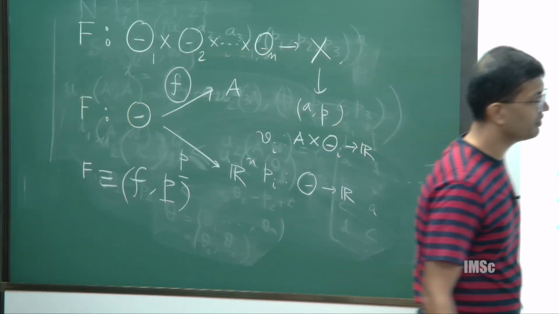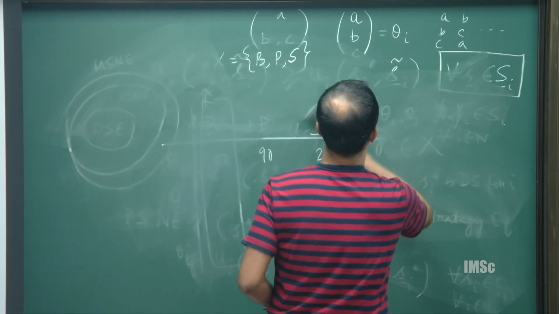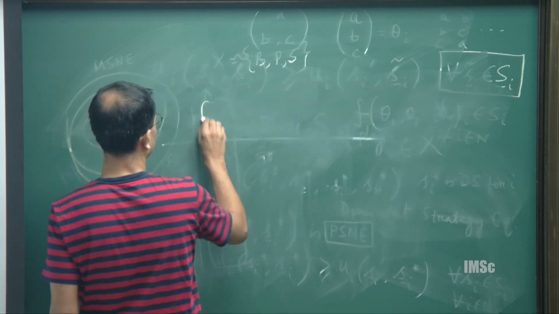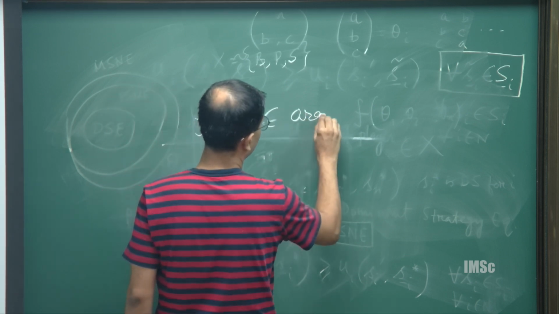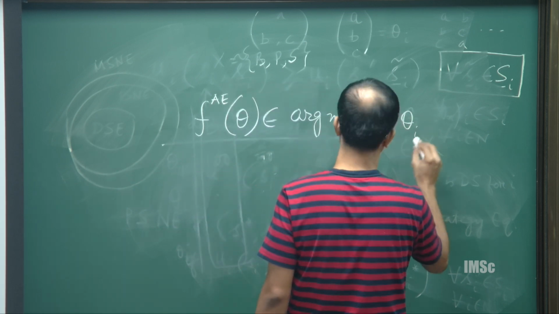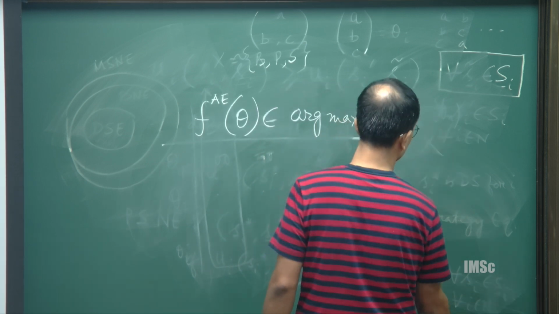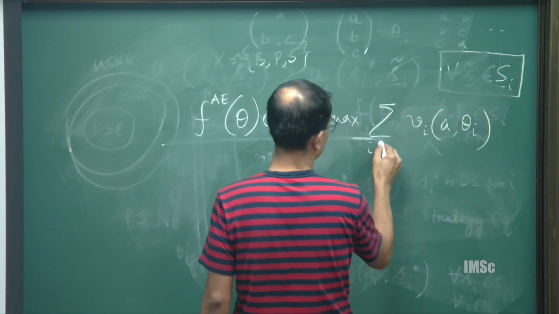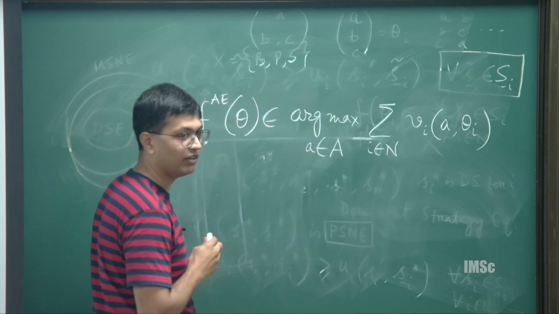Allocative efficiency meant that f theta is an argmax of the sum of the valuations. I have used the valuation here, so let us write it in that way: the sum of v i of a comma theta i for all the agents i in n, and you pick a from the set of allocations.